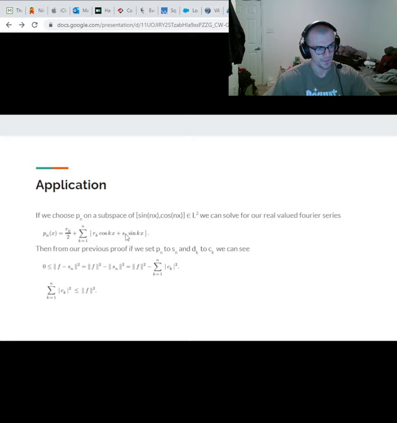Then from our previous proof, we can set p sub n to s sub n and d sub k to c sub k, where s sub n is the solution to our Fourier series and c sub k is either r sub k or s sub k, or a combination of two. Or either or, and then we can plug both in using linearity.